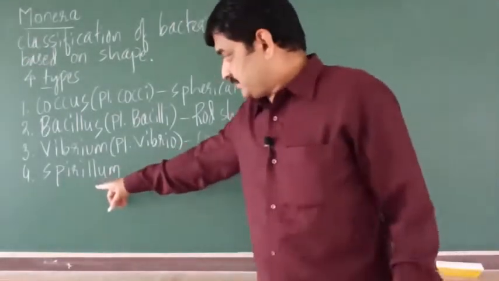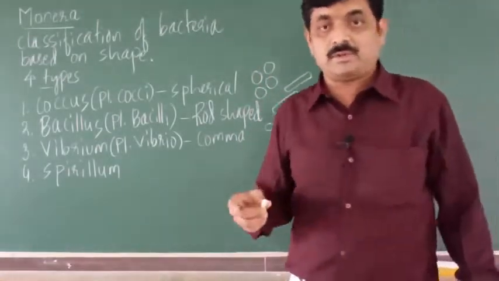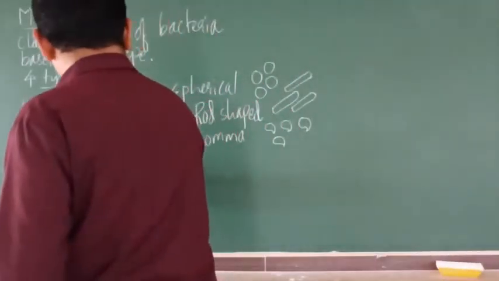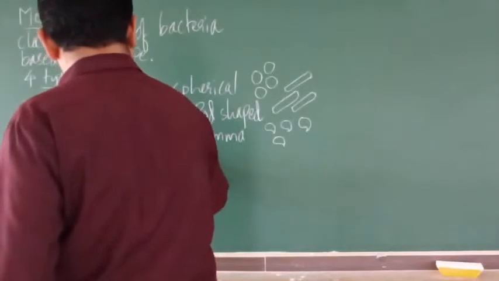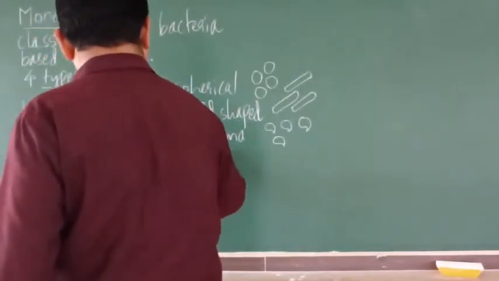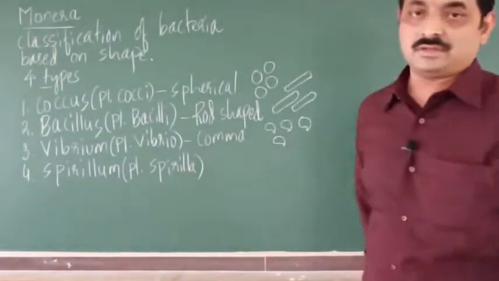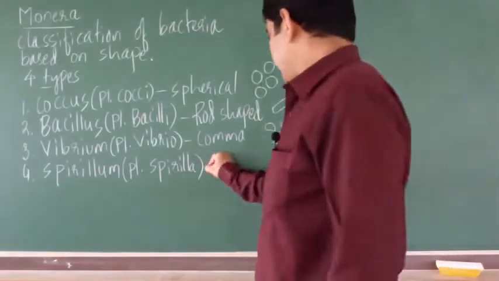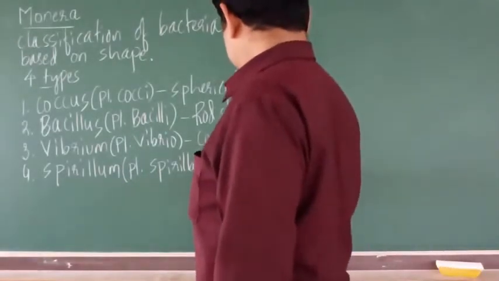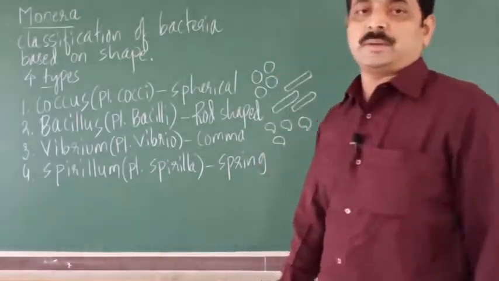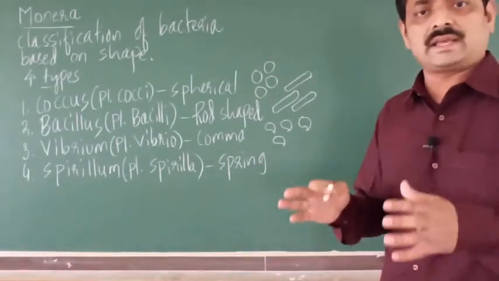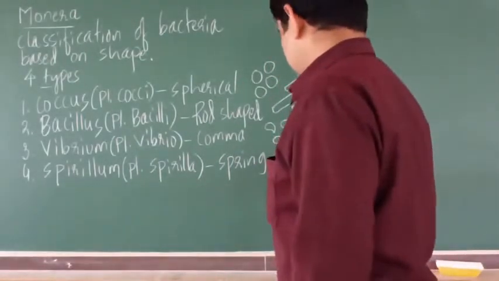Then the fourth type is Spirillum. Its plural form is Spirilla. Now these bacteria are spring shaped bacteria. They just look like a spring. So their structure is like this.